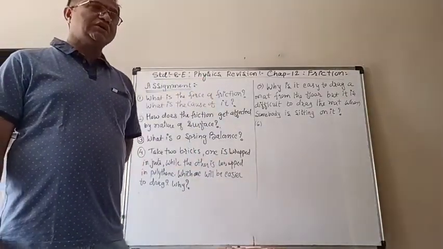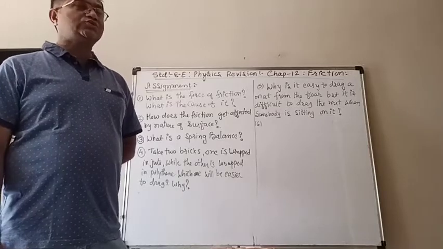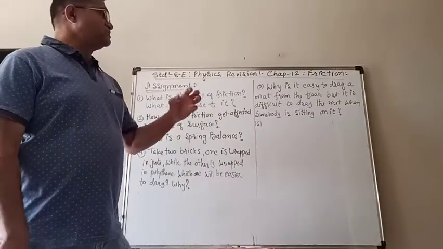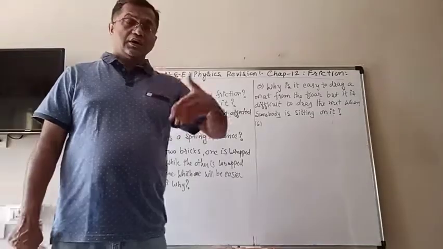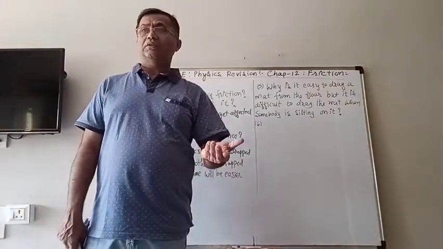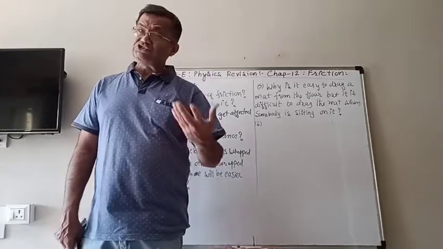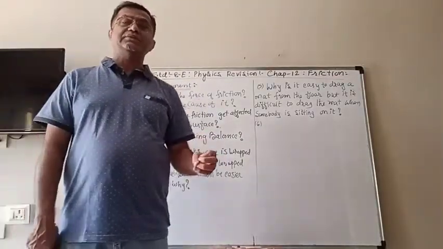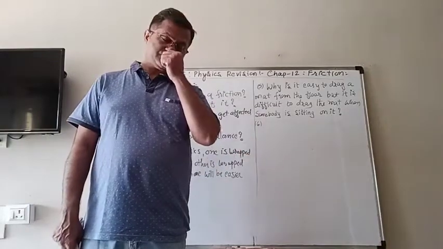So what do you think? Which one is easier to drag? The brick wrapped in the jute, or the brick wrapped with polythene?